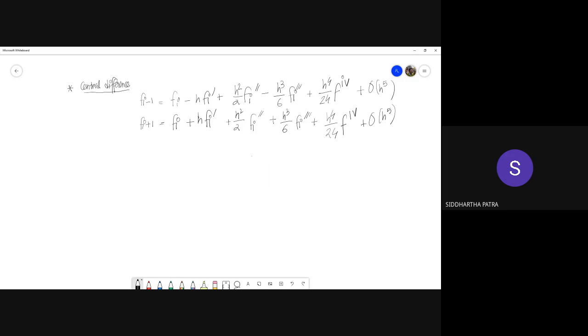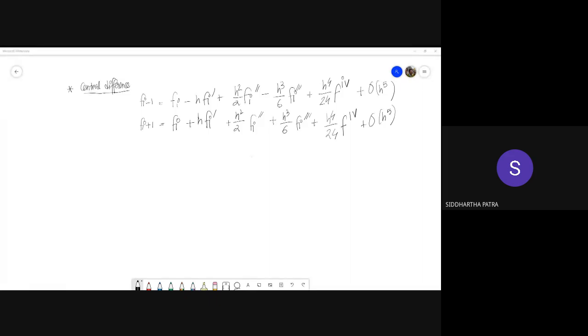Now, earlier we were only subtracting and figuring out what multiple of a given quantity must be subtracted. Here it turns out that that multiple, that coefficient, is -1, which means basically these two quantities need to be added in order to get rid of the first derivative.